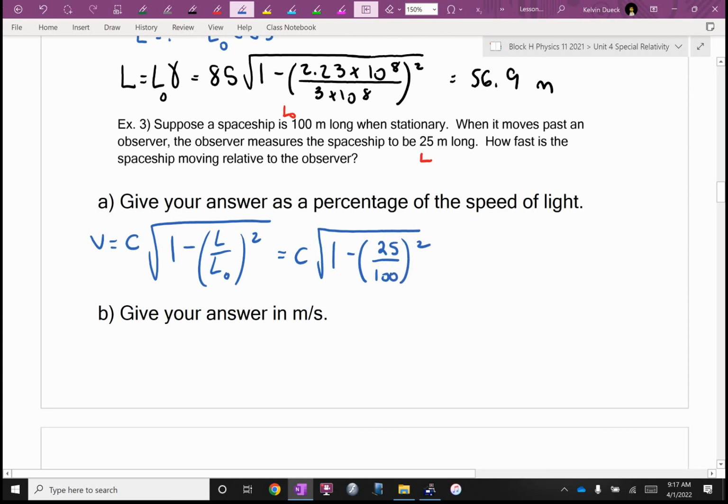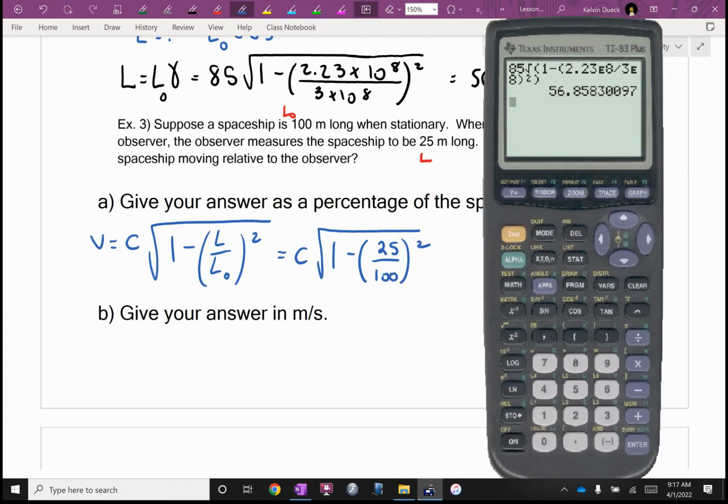There's a bit of a built-in error check here. If you get L and L0 mixed up, if you put the 100 on top, if you try going the square root of 1 minus 100 divided by 25 all squared, you're going to get an error. If you're doing any of the special relativity stuff and you get an error, you probably accidentally mixed up your zero and your non-zero term, your T0 and your T, or your L0 and your L. So there's a bit of a built-in error check.